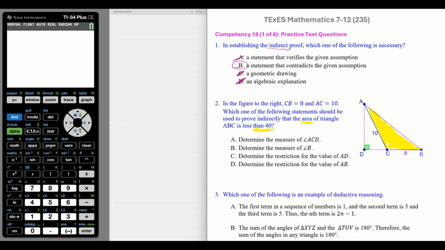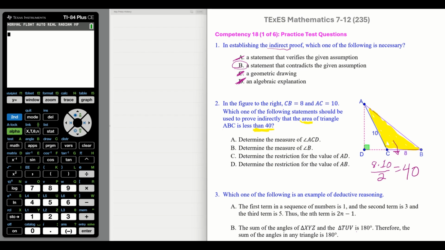We're going to go backwards. So if we say this is a right triangle, then let me scoot over here to get some room. What we're going to do is say that 8 times 10 equals the area, and we're going to divide it by 2 and say it's 40.